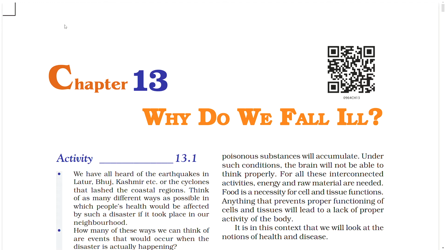Activity 13.1. Do this. We have all heard of the earthquakes in Latur, Bhuj, Kashmir, etc., or the cyclones that lashed the coastal regions. Think of as many different ways as possible in which people's health would be affected by such a disaster if it took place in our neighborhood.